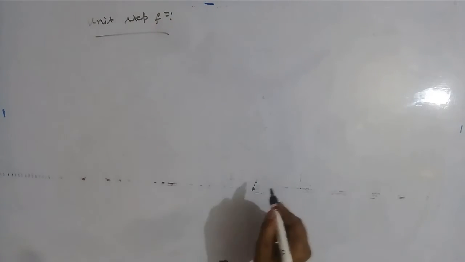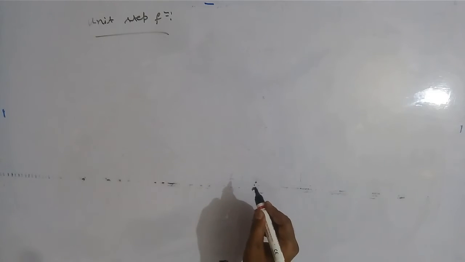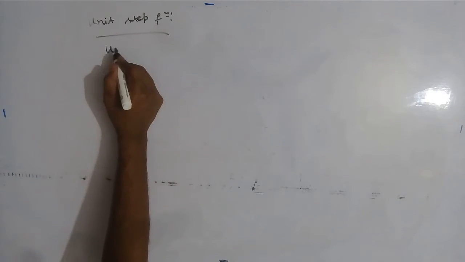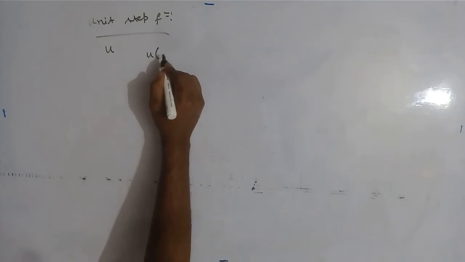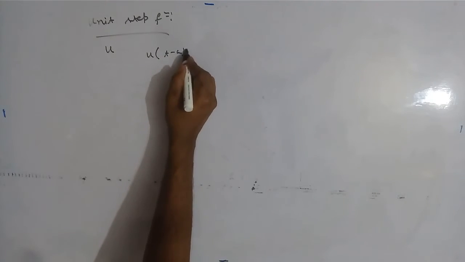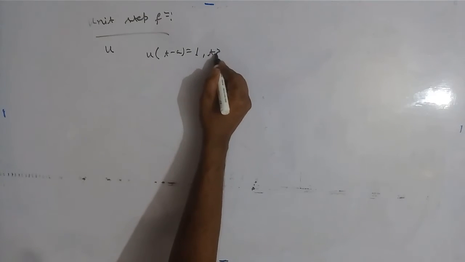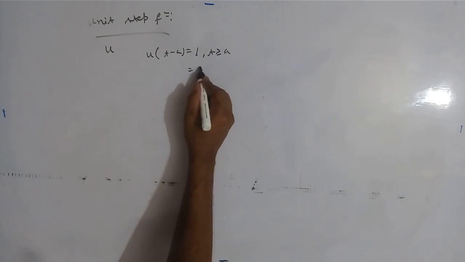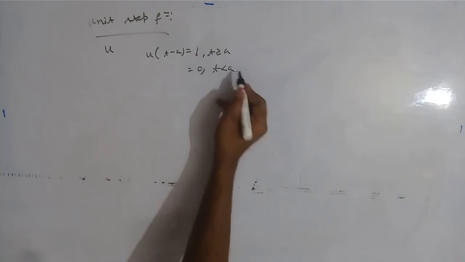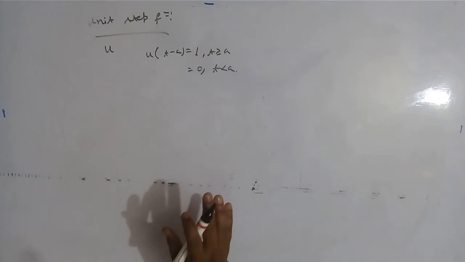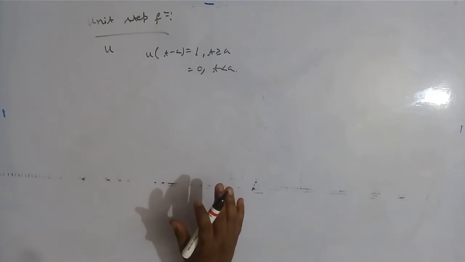Definition of unit step function. The function u defined by u of t minus a equal to 1 if t greater than or equal to a and equal to 0 if t less than a. So this type of function is called unit step function or Heaviside unit step function.